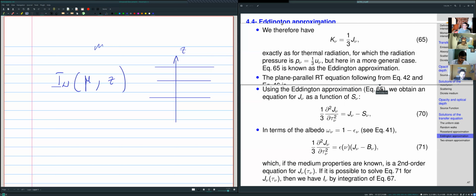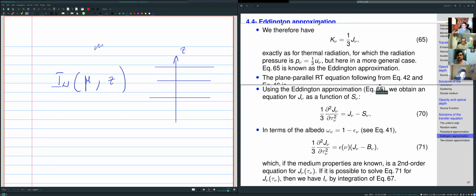It holds for thermal radiation. It also holds for a dipolar intensity field. And we are assuming that this holds when we use the Eddington approximation. So again, the Eddington approximation is this relationship between the radiation pressure and the mean intensity.